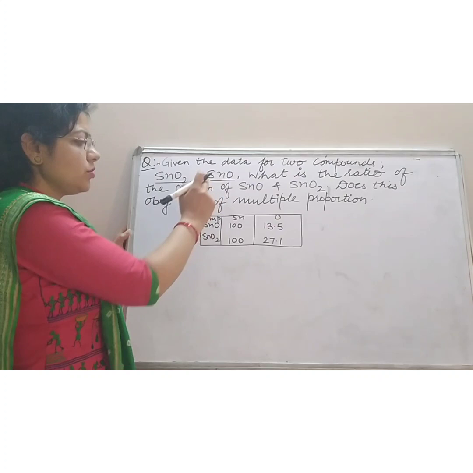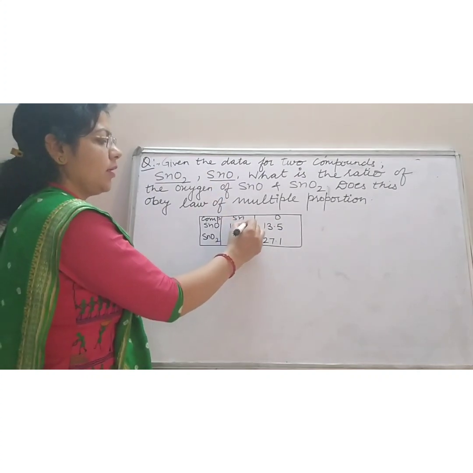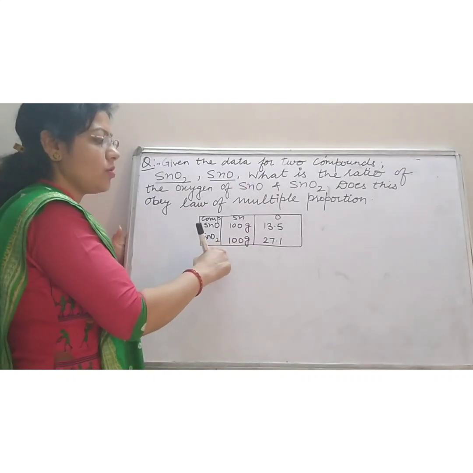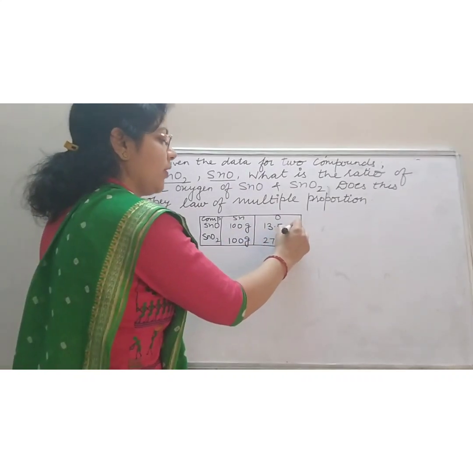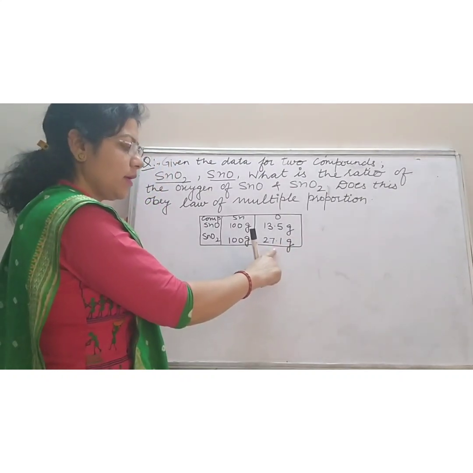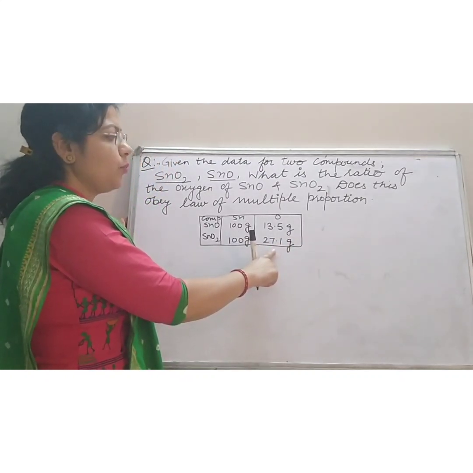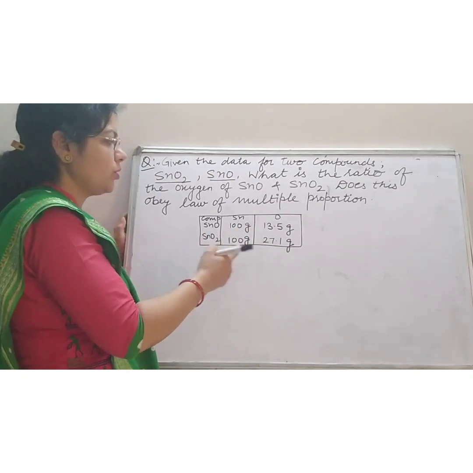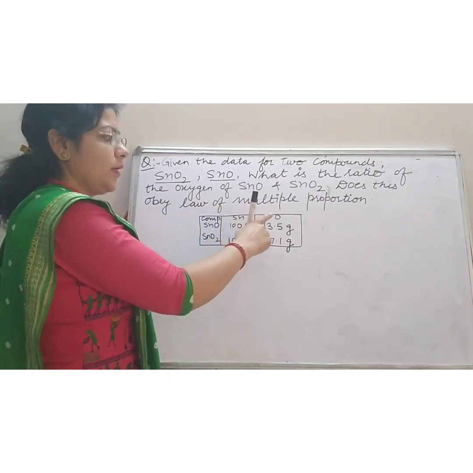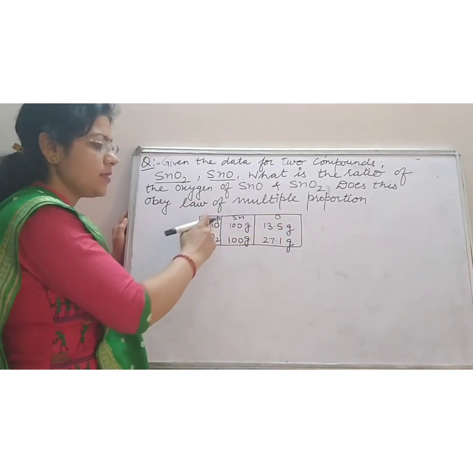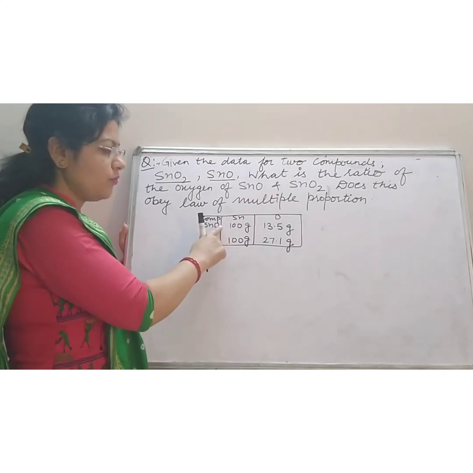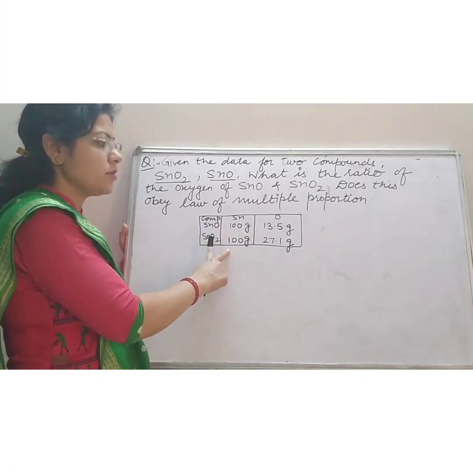In both compounds, the amount of tin is 100 grams, that is fixed, and the amount of oxygen is 13.5 grams and 27.1 grams. We have to show that this obeys the law of multiple proportion, as in these 2 compounds the mass of tin is fixed, that is 100 grams.